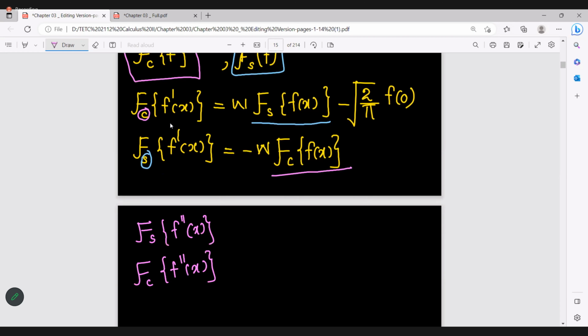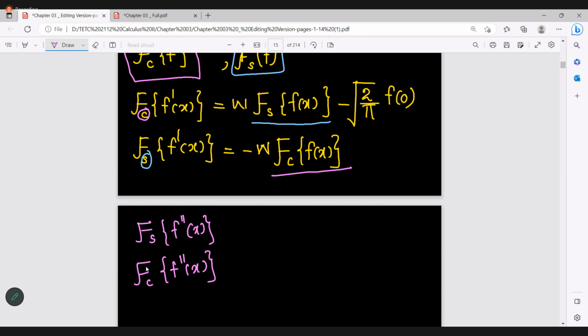We have the way of finding the transform of a first derivative. If we have some function, then we have the expression to find the Fourier sine and cosine transform of its derivative. Here we are asking for the second derivative. We already have the expression for the first derivative, and we obtain the second derivative by differentiating the first derivative again.